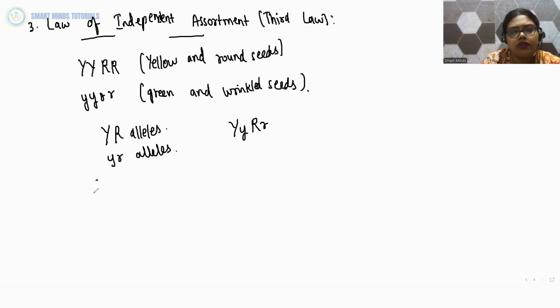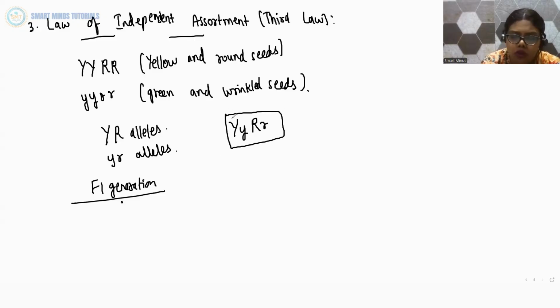Now, let us see what is the F1 generation. The F1 dihybrid seeds were yellow and round with a genotype of capital Y, small y, capital R, small r. The allele for yellow seed color, capital Y, was dominant to the allele for green seed color, small y.